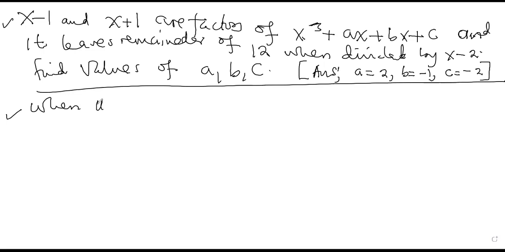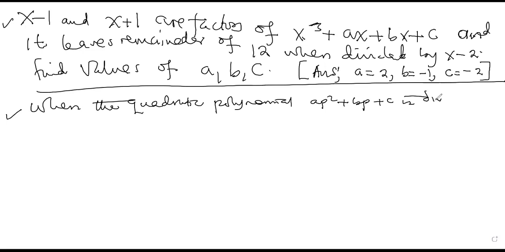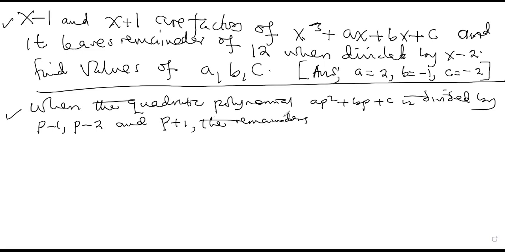When the quadratic polynomial AP squared plus BP plus C is divided by P minus 1, P minus 2, and P plus 1, the remainders are 1, 1, 25, respectively. Determine the factors.